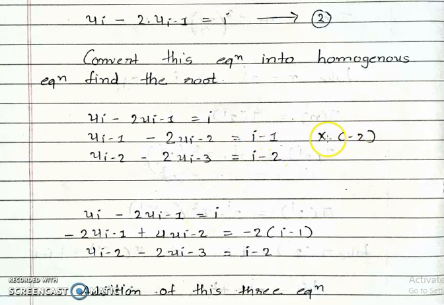Multiply this equation by -2, so we get -2u(i-1) + 4u(i-2) = -2(i-1). And the third equation is as it is: u(i-2) - 2u(i-3) = i - 2.